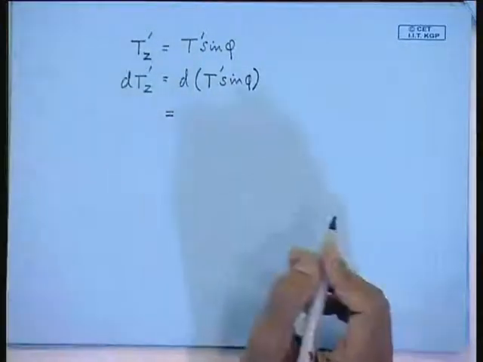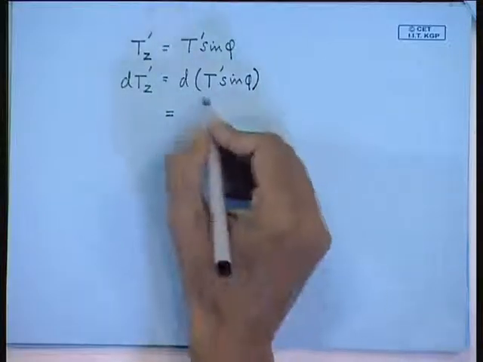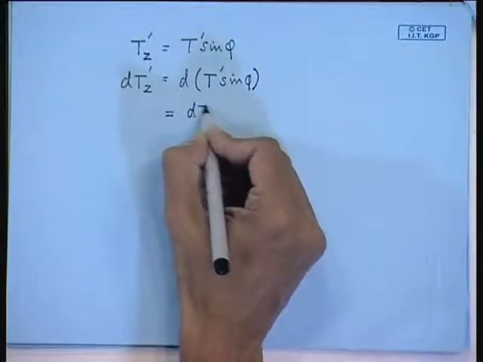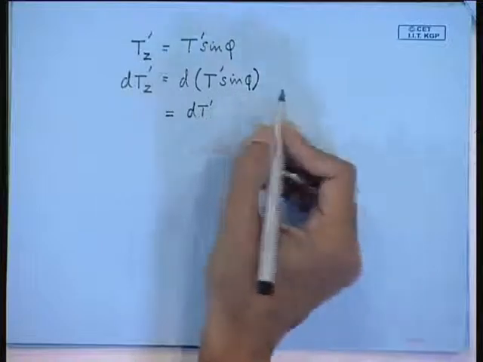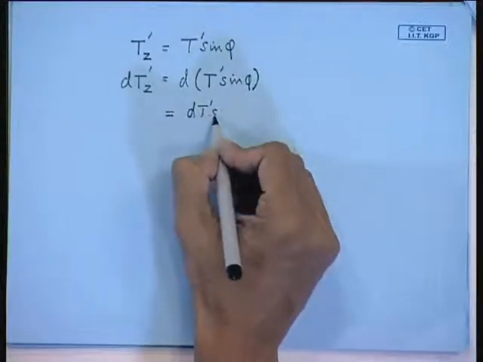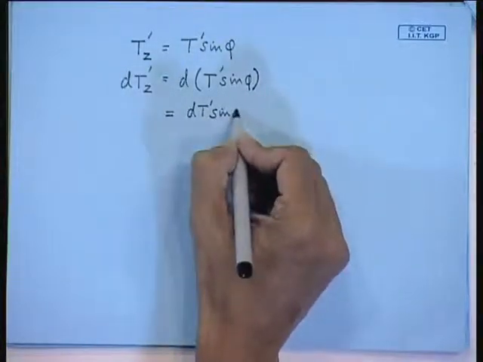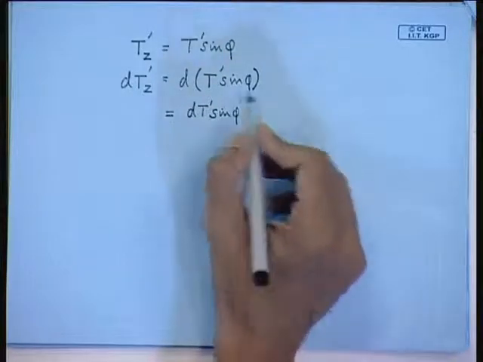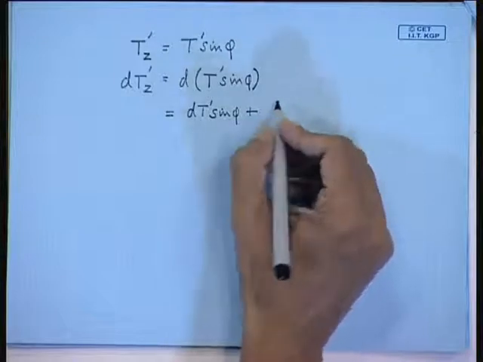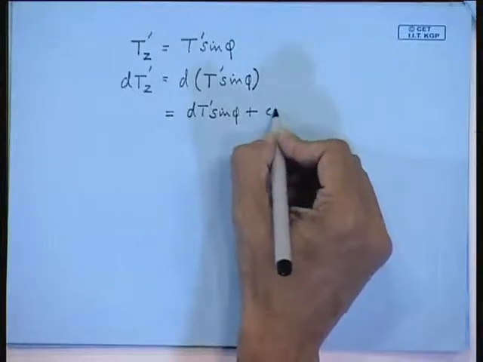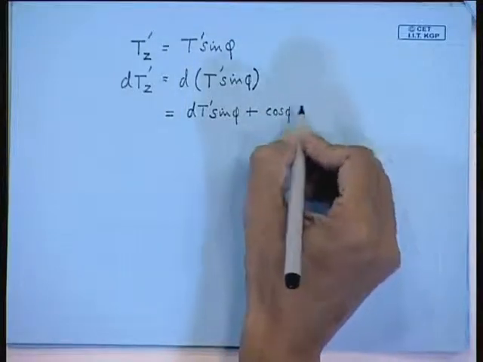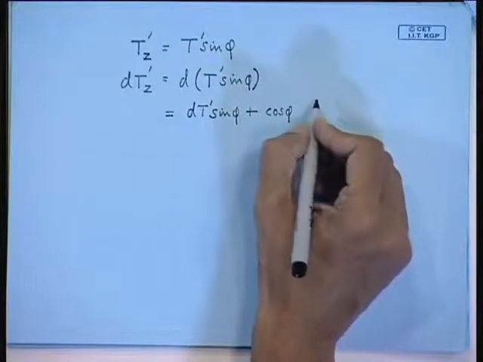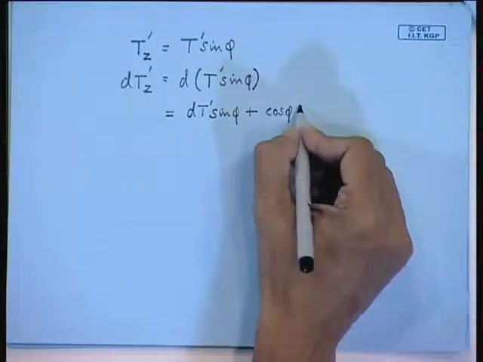So this will be dT prime, differentiation by parts, the other term you keep as constant, sin phi, plus what is the differentiation of sin phi? This is cos phi, and d phi will come and T prime will come.